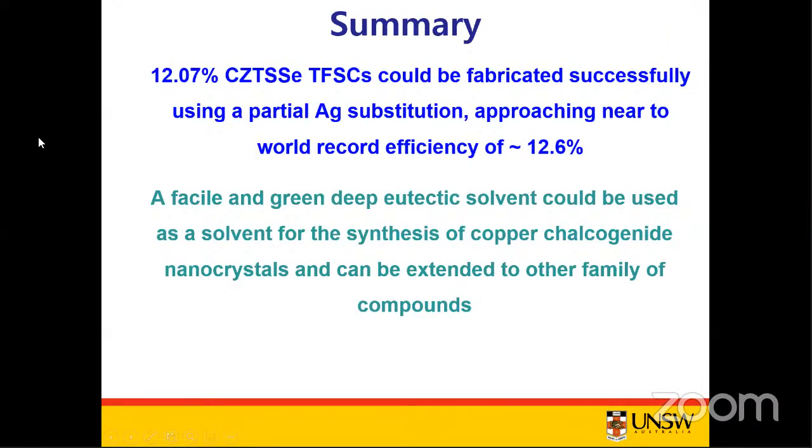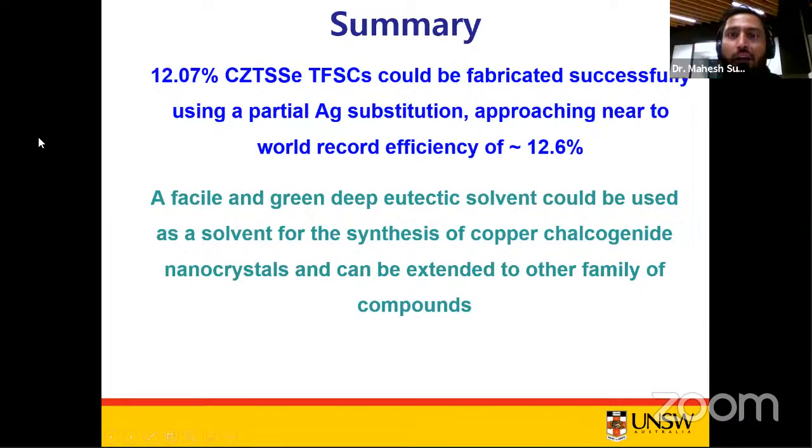Another question, sir: are these chalcogenide materials applicable as counter electrodes in perovskite solar cell applications? I don't know exactly, but we are mainly working on light absorbing compounds. We haven't studied copper chalcogenides as counter electrodes, but I have seen a few papers.